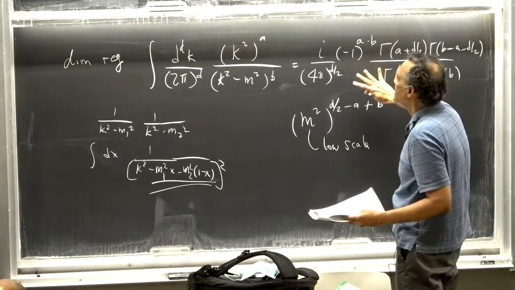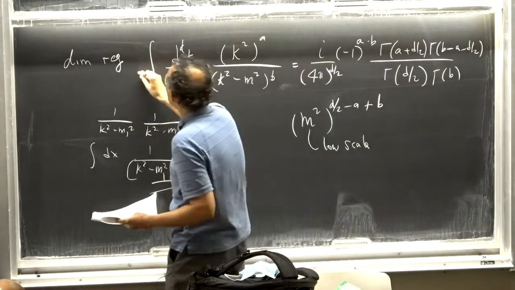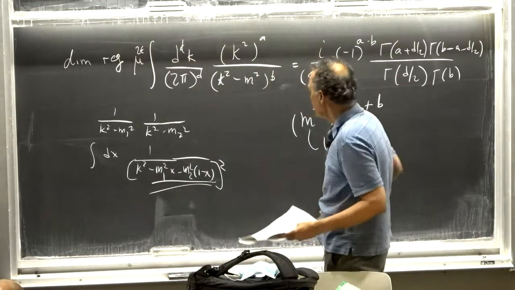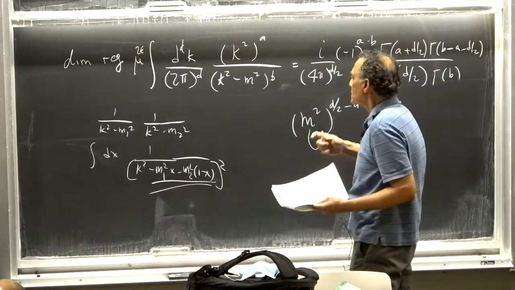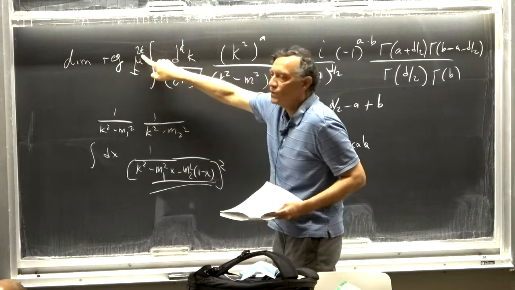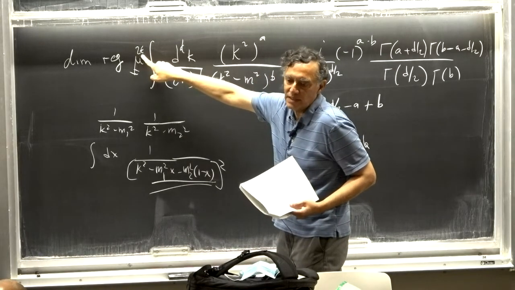Really the only thing you need, OK, I'm sorry. In dim reg, you have to put these mu to the 2 epsilons in the couplings. And so the analog of the cutoff in dim reg is the mu, but the mu only comes in with fractional powers of epsilon.